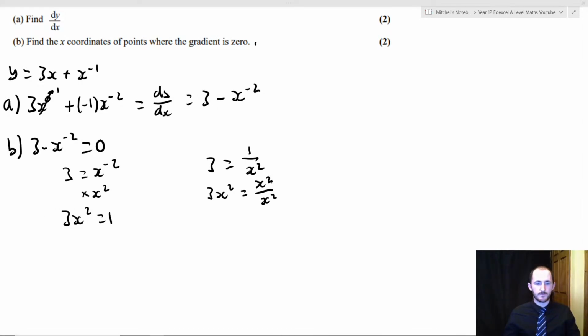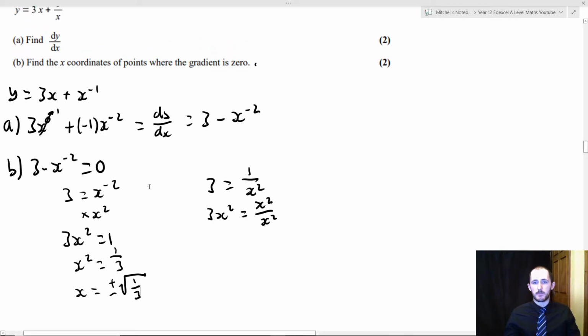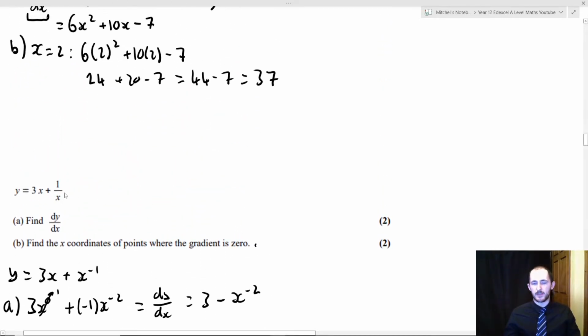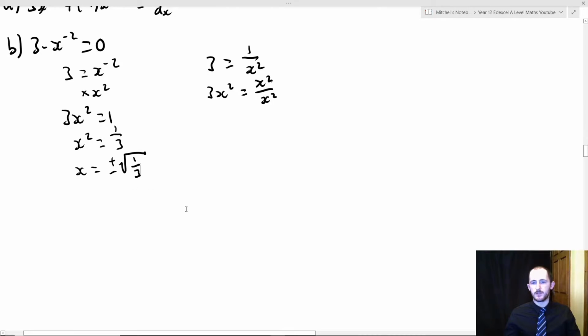Okay? So, all we need to do now is divide both sides by 3, so we get x squared equals a third. And then x is just going to equal plus or minus the square root of 1 over 3. And those are our two x coordinates. Okay? And this should make sense because if we have a graph like this, it will have two turning points.